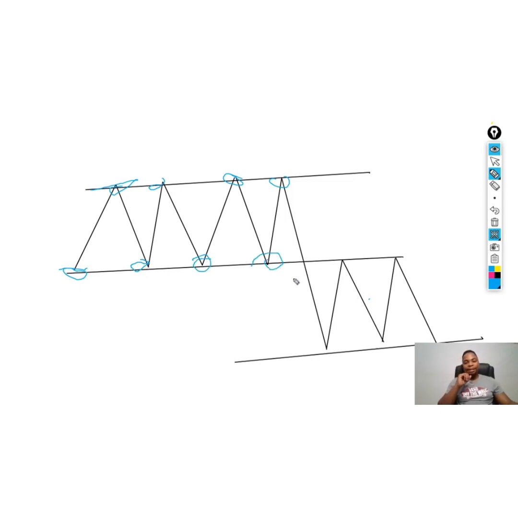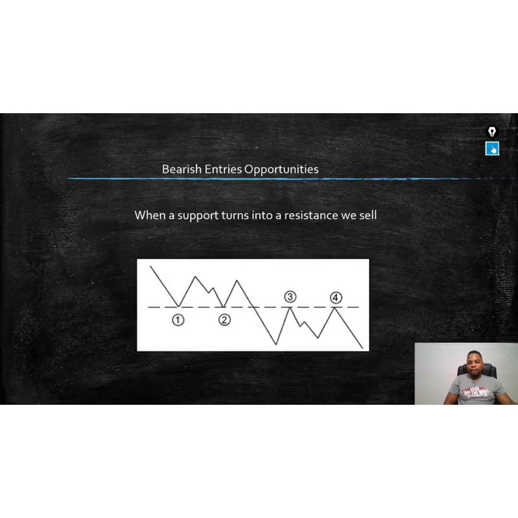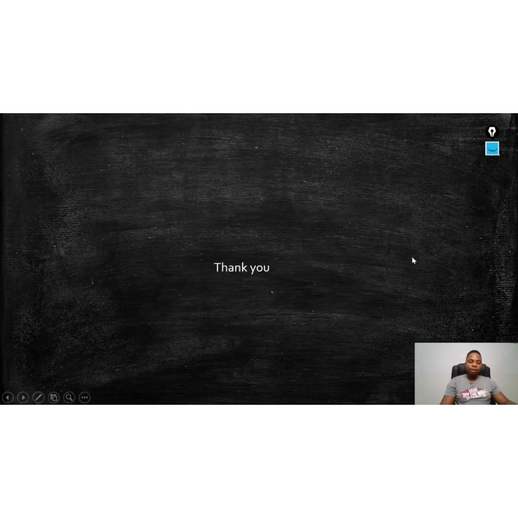Then that same support level broke here, and that same support level created new resistance levels, which we are having here. From that, we now see a direction being pushed to the downside. So this is how the second one works. That says when a support turns into a resistance, we are looking for selling opportunities.